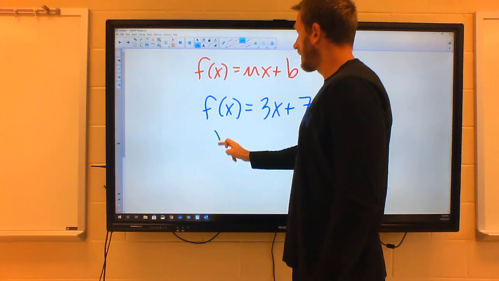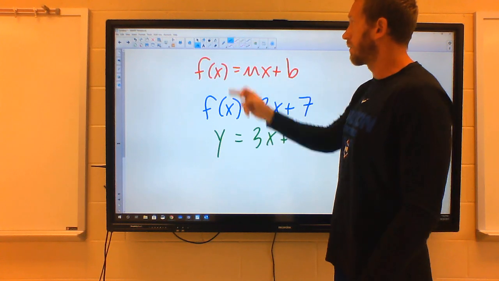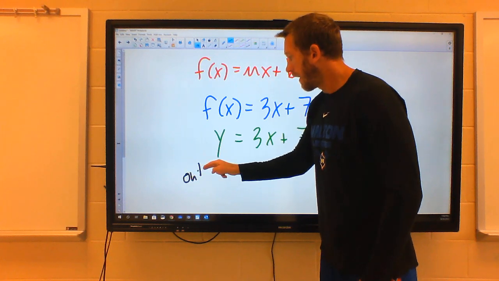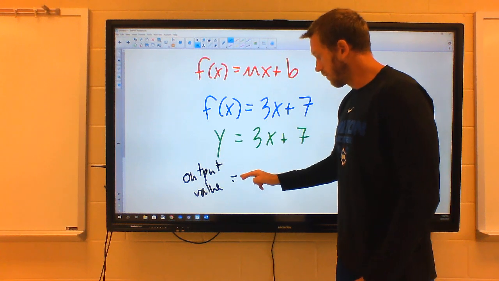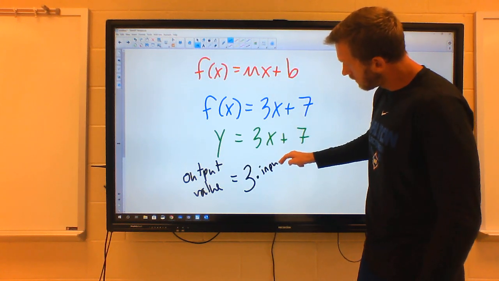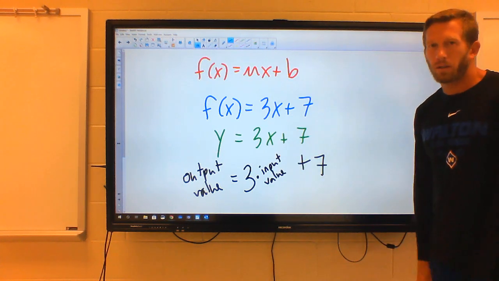No matter if we had it say y equals 3x plus 7, or if we said f of x equals 3x plus 7, both of them translate to output value equals 3 times the input value plus 7. That's literally what they mean.